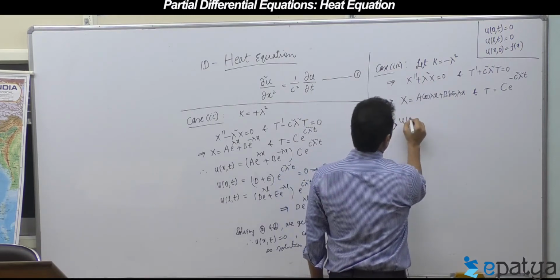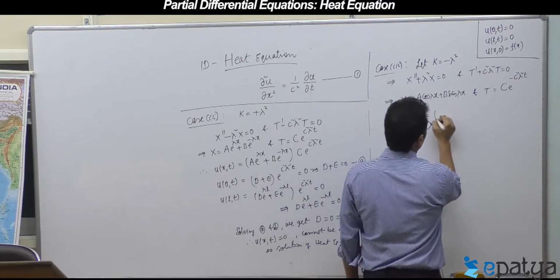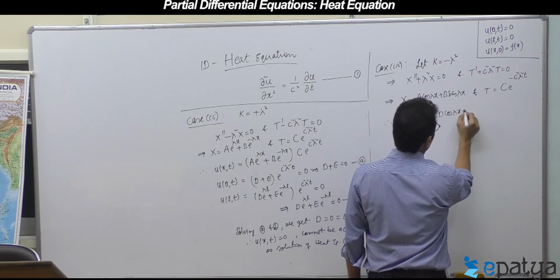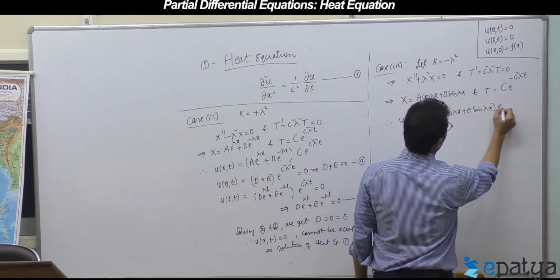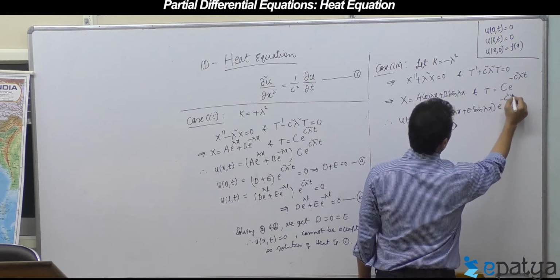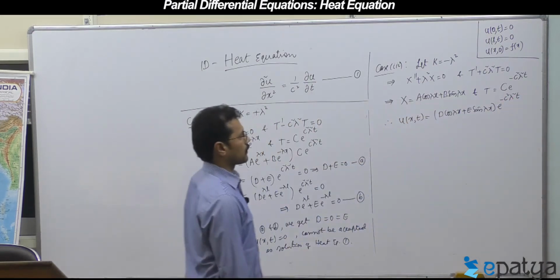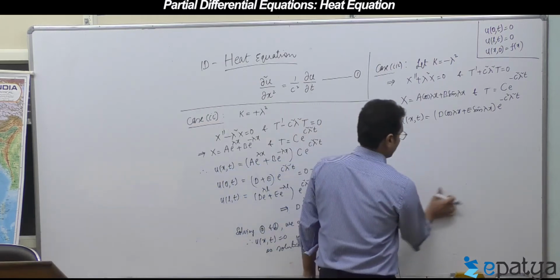Therefore, u of x comma t equal to d cos lambda x plus e sin lambda x into e power minus c square lambda square t. Okay, now let us apply boundary conditions.